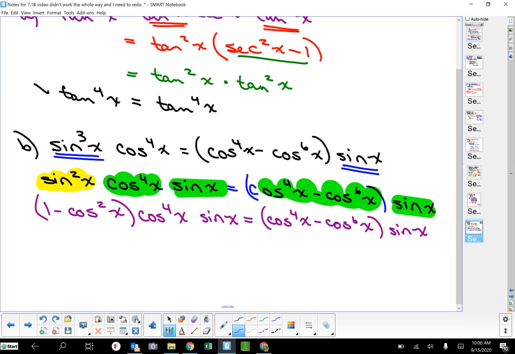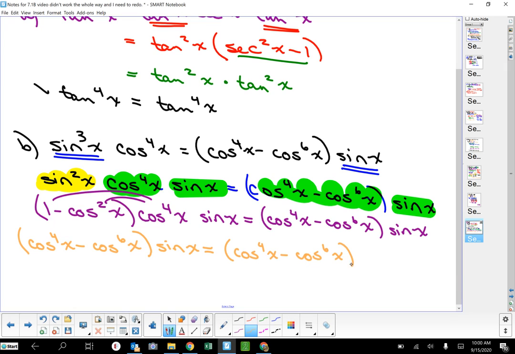All right, so I need a cosine to the fourth and a cosine to the sixth. Well, I can get that if I distribute these. So I'm going to distribute and get cosine to the fourth minus cosine to the sixth, that will be in parentheses. And then I have this sine x hanging out on the end, and that will equal cosine to the fourth minus cosine to the sixth times sine of x.